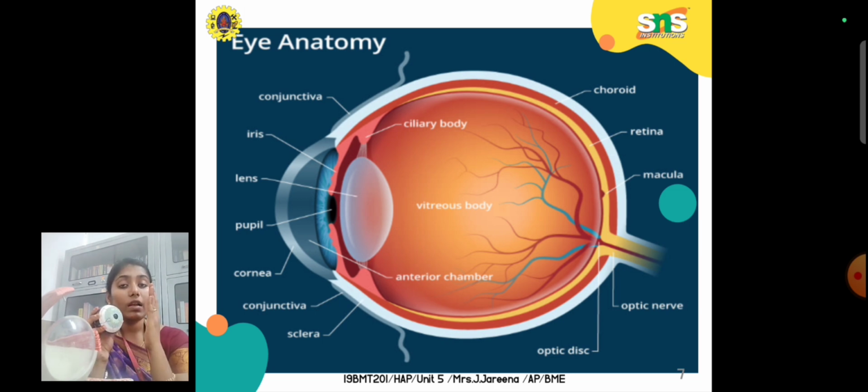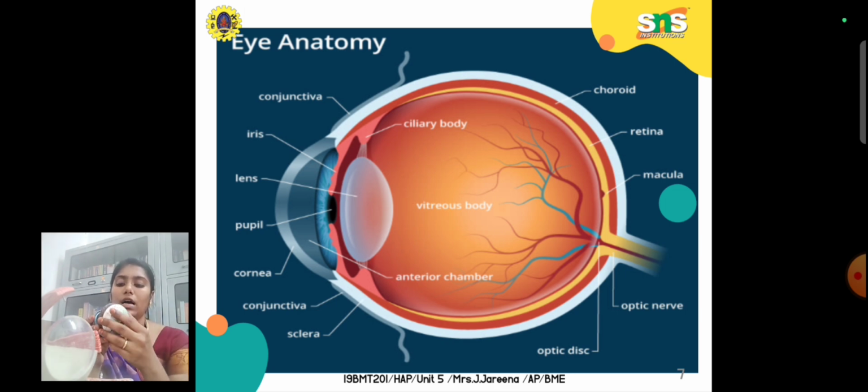This is the property of the iris, pupil and the ciliary bodies. These three work together. They decide how much light is needed to get inside to see the visual of the image.